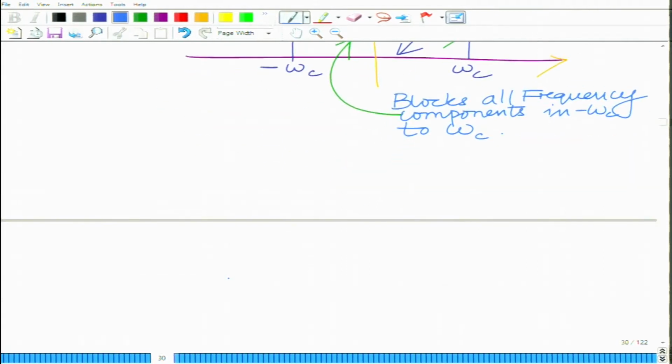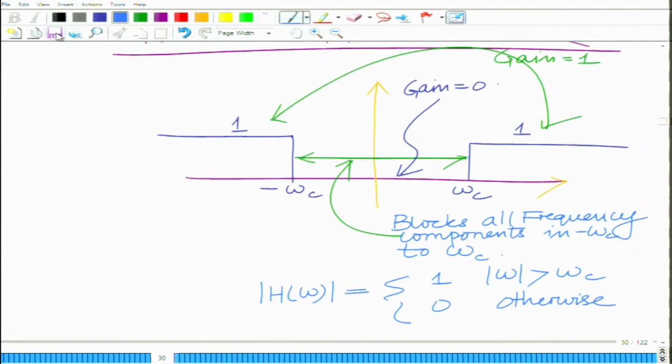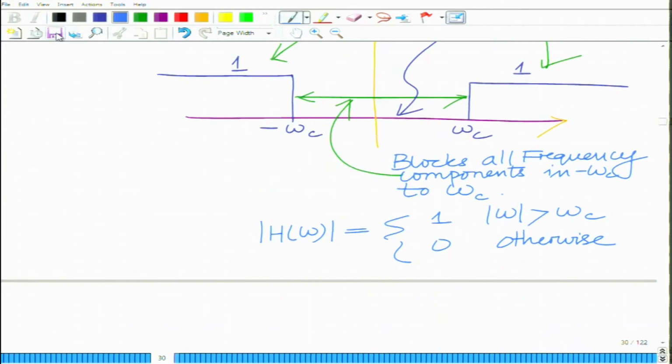Naturally its magnitude response is magnitude H of omega equals 1 for mod omega greater than omega c, and equal to 0 otherwise.